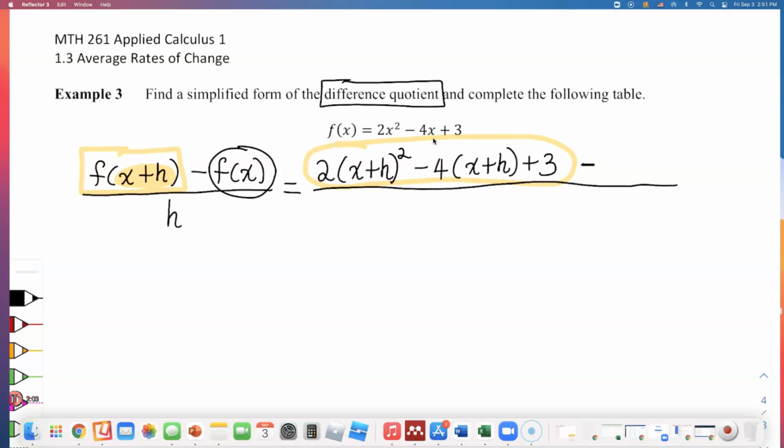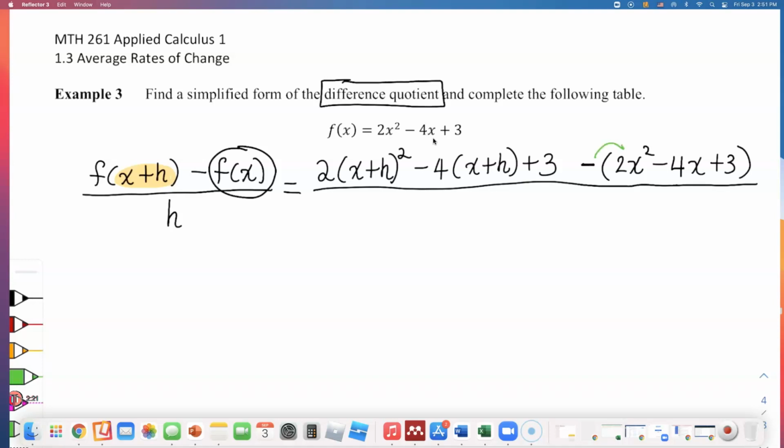So f of x is, let me erase this, f of x is 2x squared minus 4x plus 3. And notice that I put them in a parenthesis because I will have to distribute this -1 because we're subtracting this trinomial.